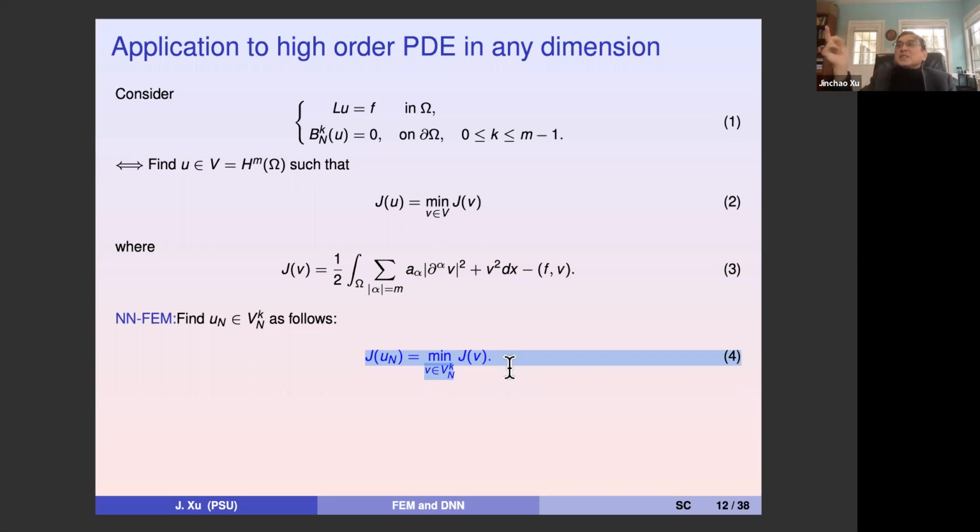You don't have the other analogy. But now you can prove this has existence, but we don't know if it's unique. It's non-convex, all that kind of issues. Okay, we'll come back to that later.